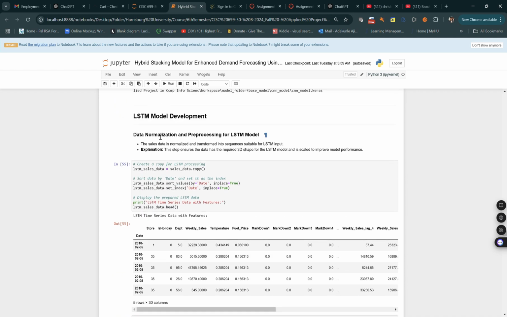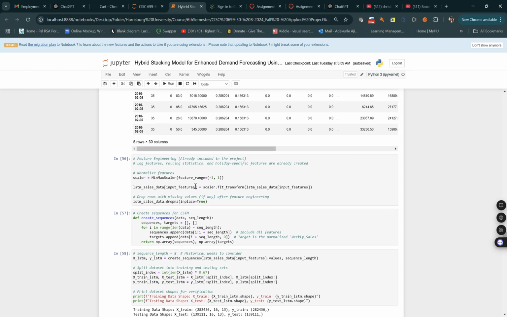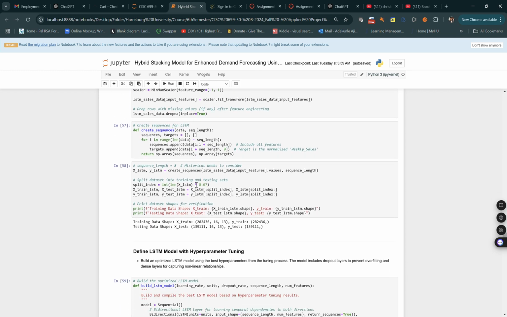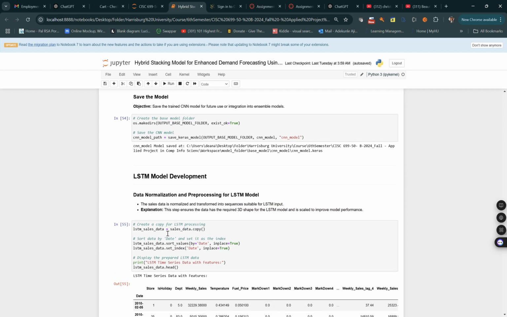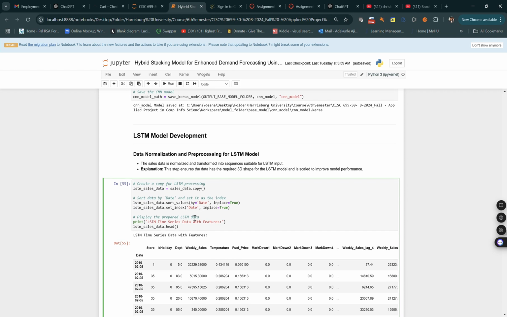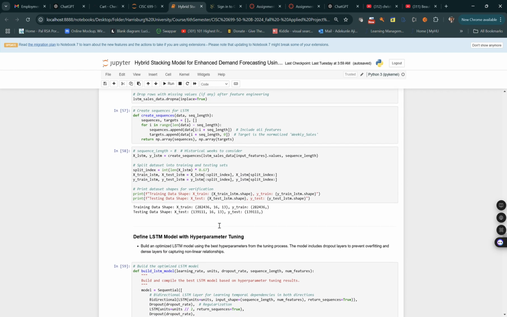The same thing goes for LSTM. We also used AutoML, and a copy was made from the sales data as well, indexing dates and sorting.